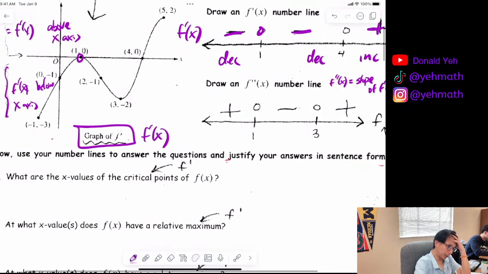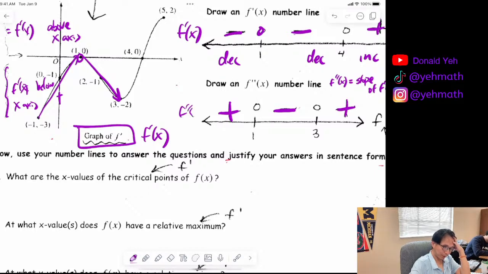Now from here to here it's a positive slope, so there's a positive here. And from 1 to 3, the function is going down, so it's negative. And after that, it's positive. So this is the f double prime of x graph. And this is concave up, concave down, concave up.